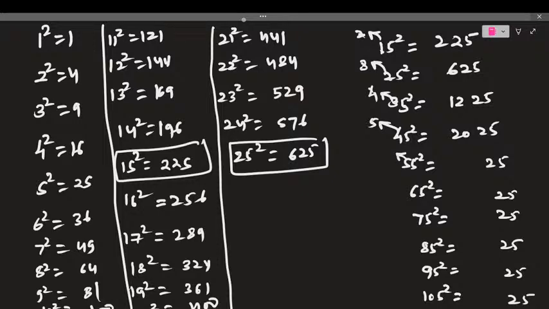You will increase this 6 by 1 then multiply them. For 75 square you will increase 7 by 1 and multiply them. For 85 square you will increase 8 by 1 and multiply them. And here you will increase 9 by 1, and here 10 by 1, and multiply them.